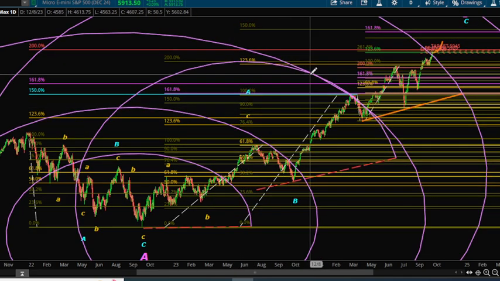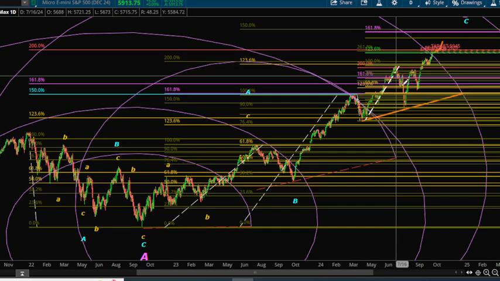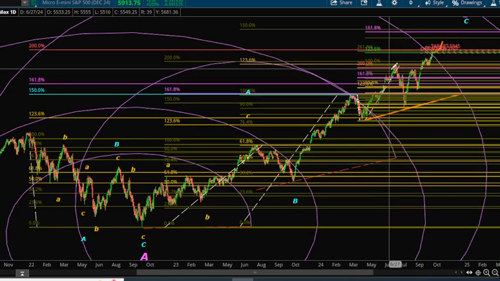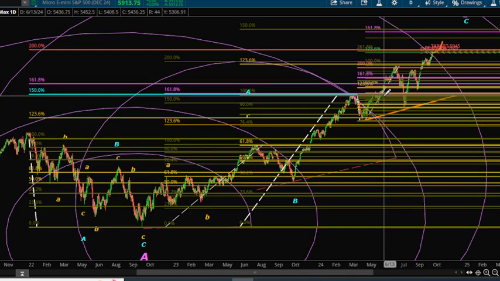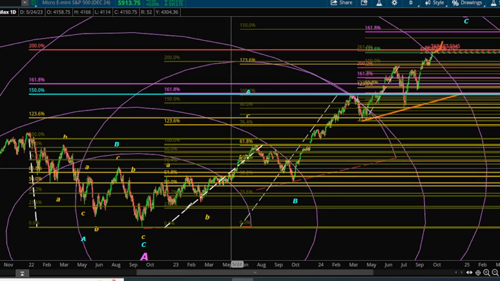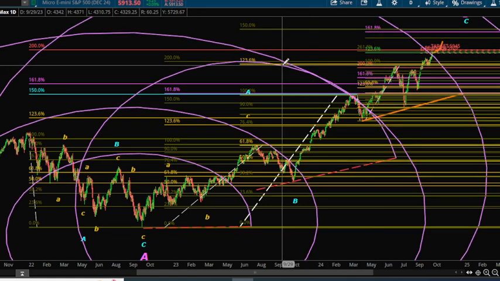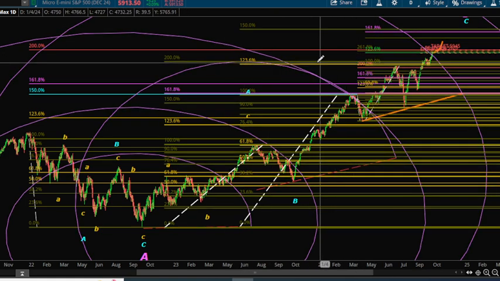Okay. So now the 123 got a little bit of reaction right here. It also crossed with the 200 on this next measurement, and it crossed the 200 with this measurement here. So you got 3 fibs that overlapped.